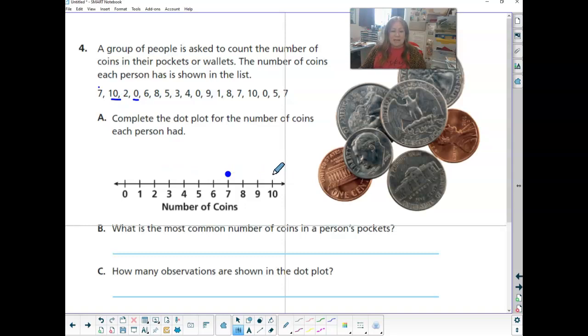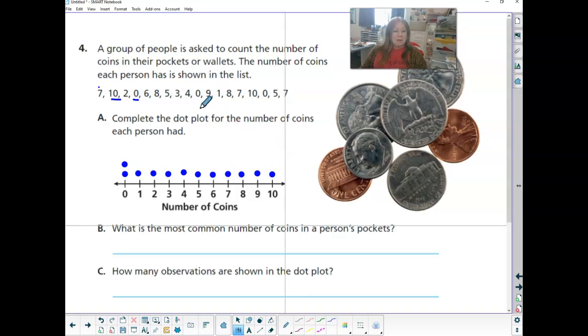Okay, then we have 10 and 2, 0. So make sure you're doing these. 6. So just every time there's a number, we place a dot. 8, 5, 3, 4, another 0. So we're going to add on to that one. 9, 1. So you can see, right, I did my best to kind of keep them in a row here, not all skewed from each other.